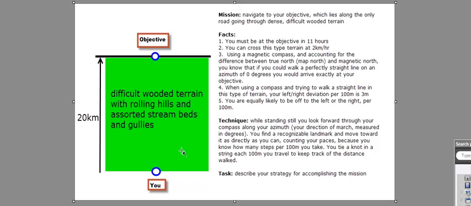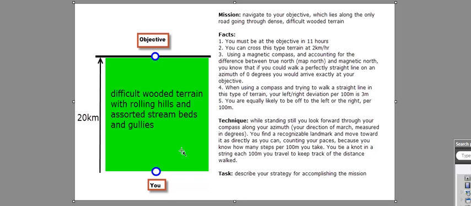And you can do something like tie a knot in a string each 100 meters you travel, or move a rock from one pocket to the other, keep track on your fingers, or a notch on a stick, so that you can keep track of each 100 meters you travel, so you have an estimate of how far you've gone.